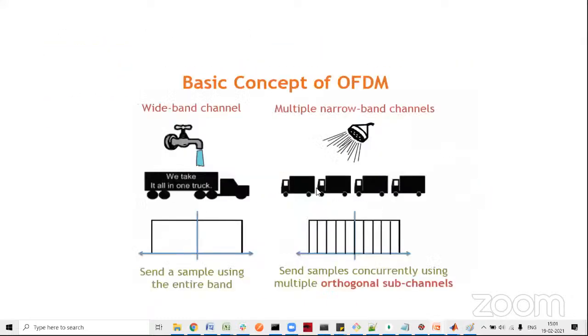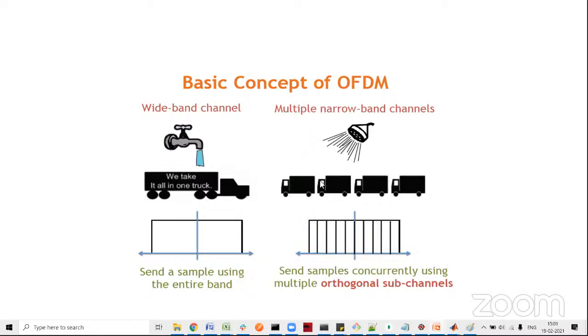Due to that, if you check here, this information will sometimes fail due to noise. Like if you are making a phone call and sending information, let's consider 10 bits of data. Or you can just consider 4 bits of data. If I'm sending 4 bits of data on a single track, then if it fails, all the data fails. If you consider OFDM technology, it won't put multiple data into a single channel.